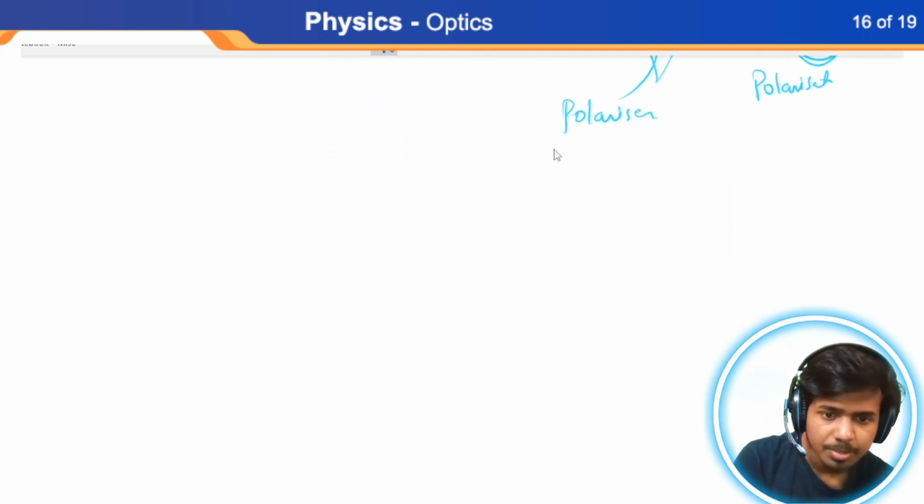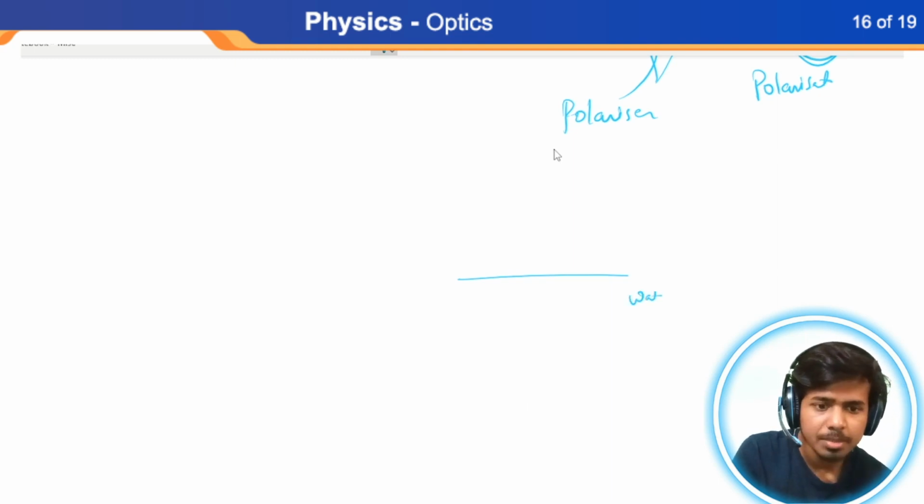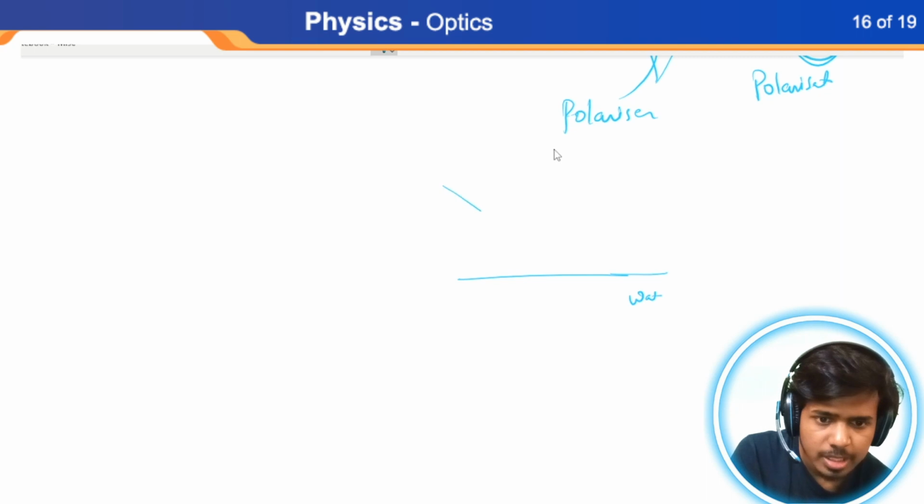Then we have something called the Brewster angle. Let's say this is water or any other medium, and light comes in this direction and refracts, and it also reflects.